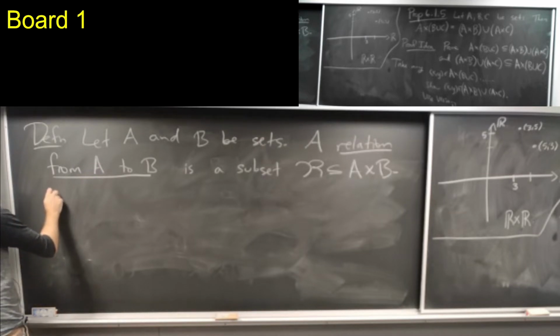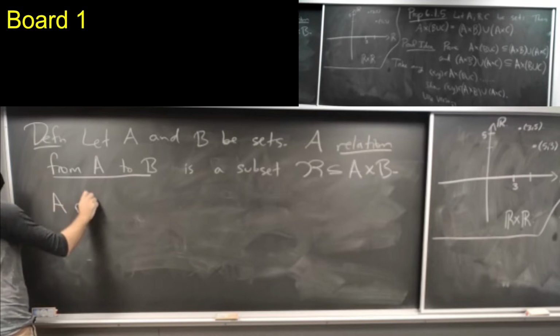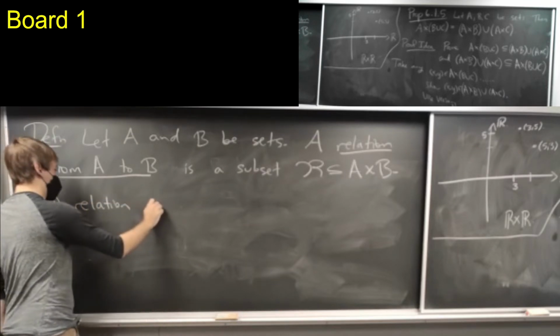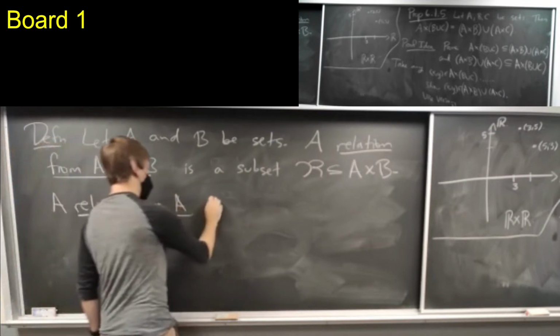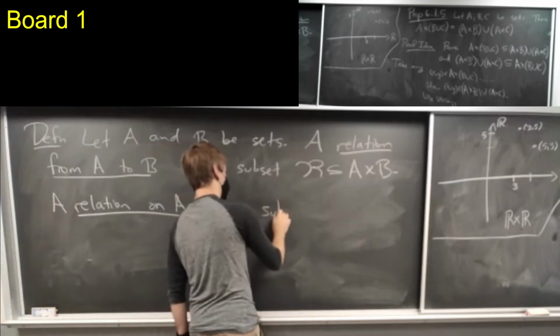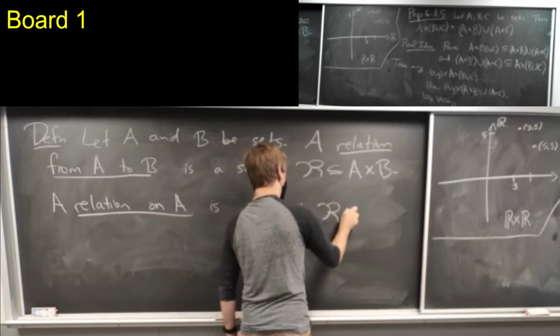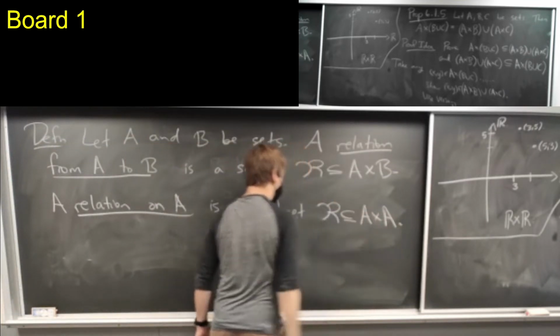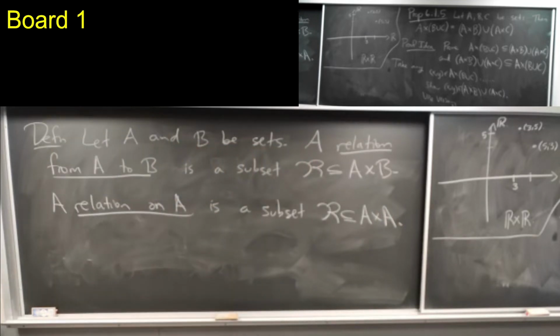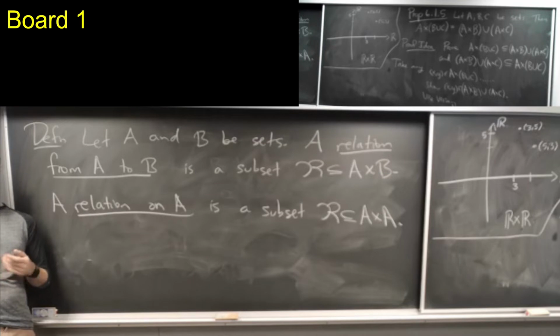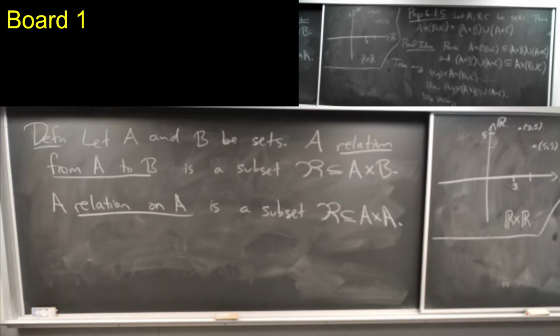A relation on A is a subset R of A cross A. So in other words, a relation on A is a relation from A to A, but it's just slightly nicer to say a relation on A than from A to A.